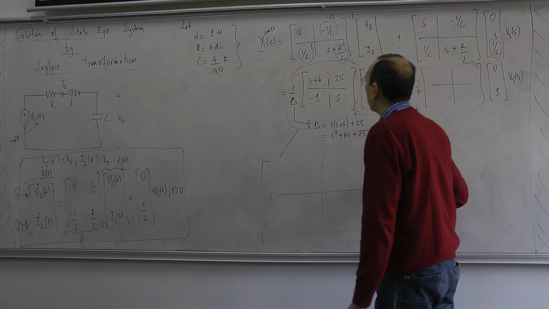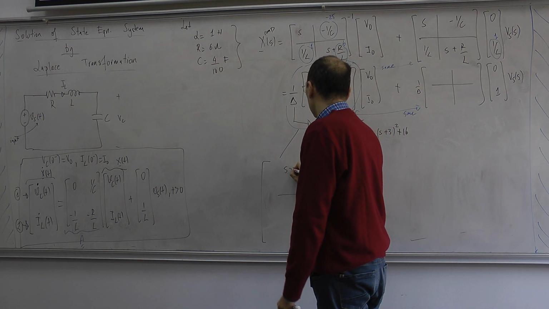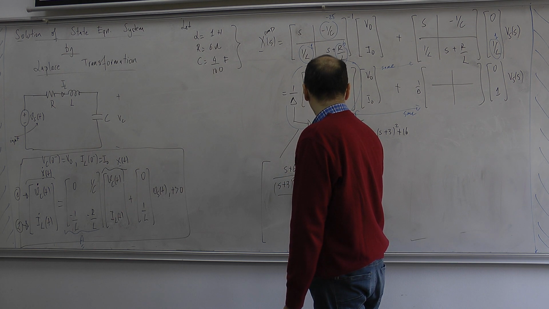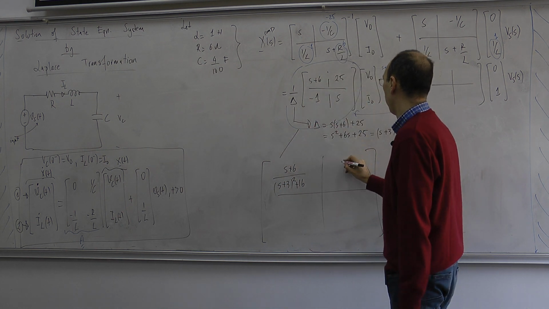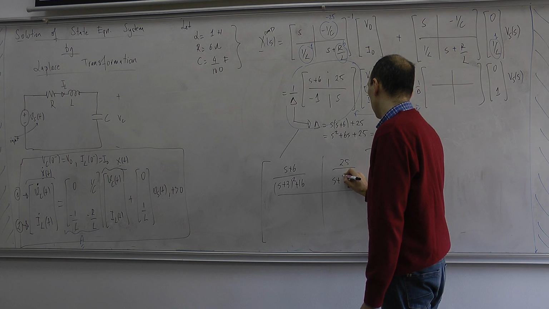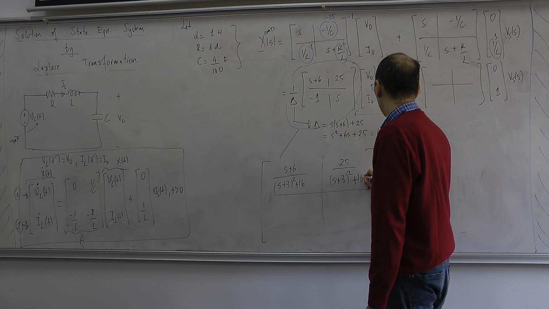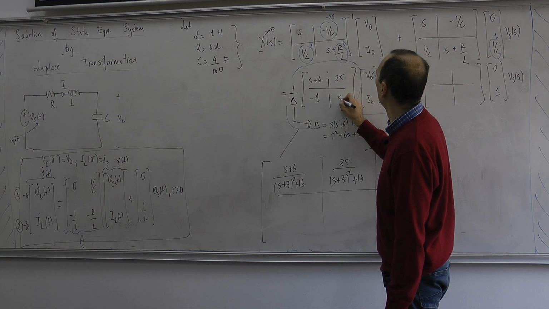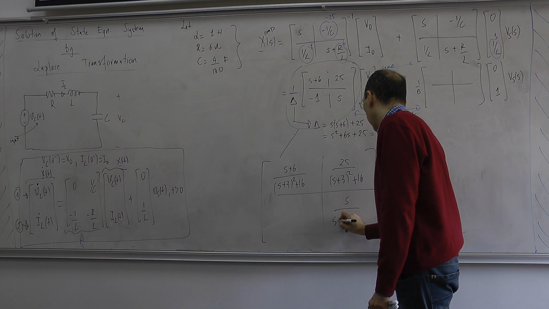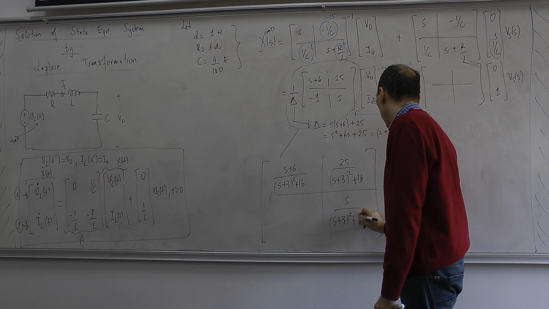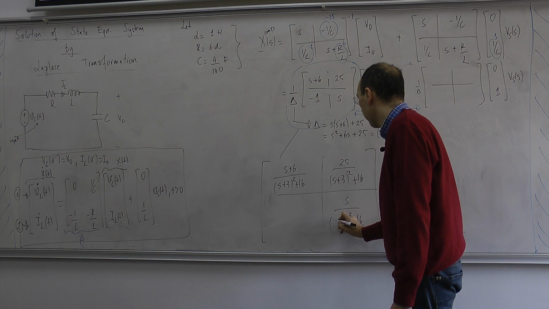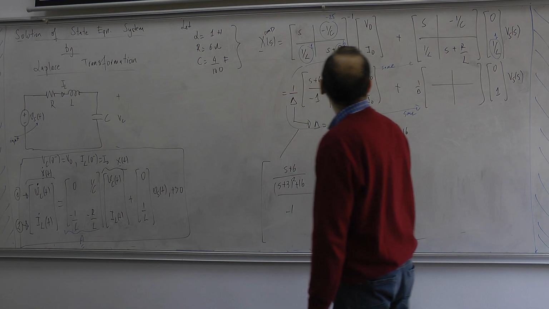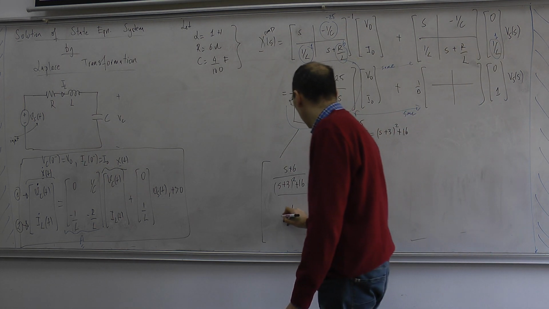So what are its elements? I have s plus 6 divided by (s plus 3) squared plus 16, and 25 over (s plus 3) squared plus 16 because of this. This is, I think, s, not 5. s over (s plus 3) squared plus 16. And I have over here minus 1. Is this correct? Minus 1.